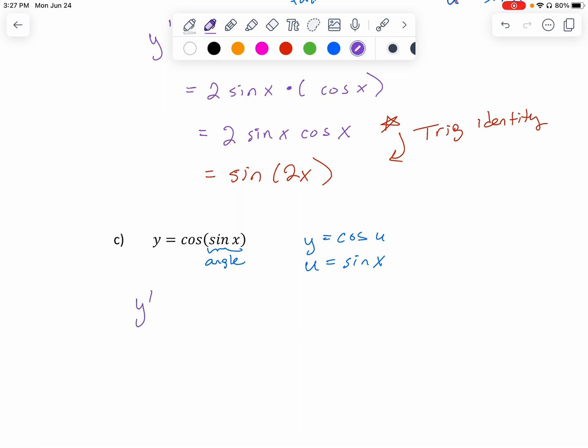So I get y prime equals the outside function, so that's the cosine, the derivative of that is negative sine, and I don't touch the inside function, just copy it in, and then take the derivative of the inside function. That equals, now on the next step, I'll take the derivative of sine, which is cosine. Oh, I'm sorry, I keep doing that. Sorry, cosine.